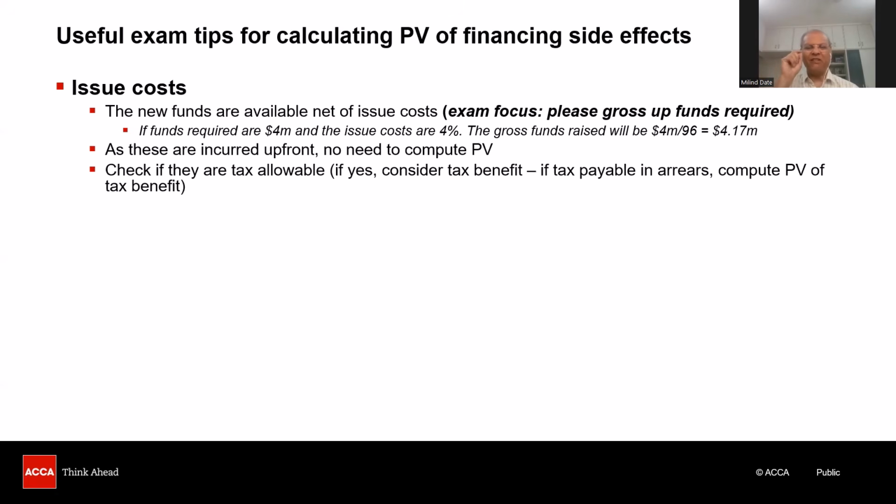And that's a very, very important step that generally students miss out on and unnecessarily lose marks. Now, I've given a small example here that if the funds required to be invested are 4 million and the issue cost is 4%, the gross funds that you will have to raise would be $4.17 million. So that post the issue cost, net 4 million will be available.